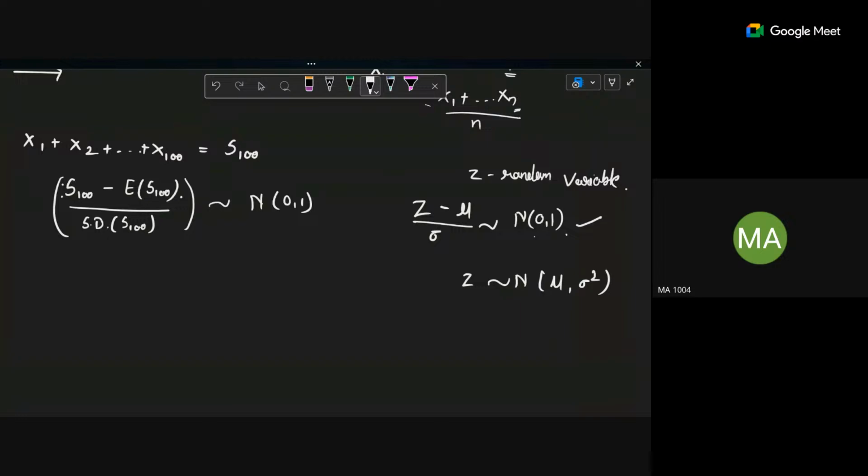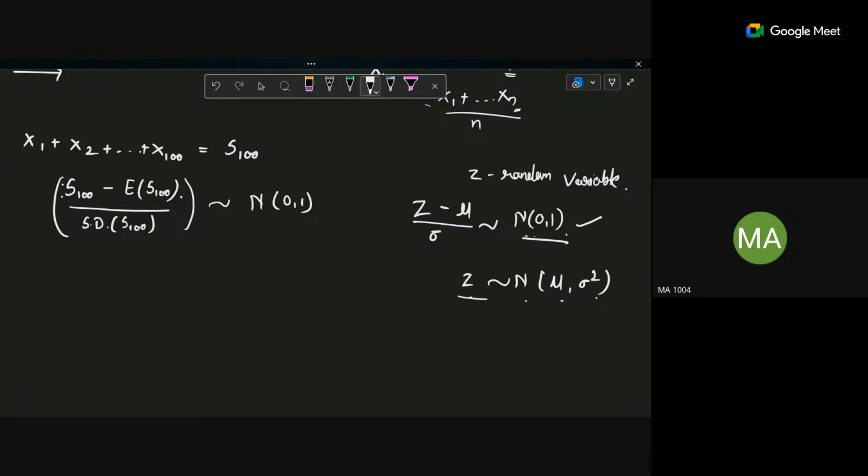For the standard normal distribution there are certain results that make the calculation easy. So initially z was a normal distribution with mean mu and variance sigma square, and we standardized it into a standard normal random variable.